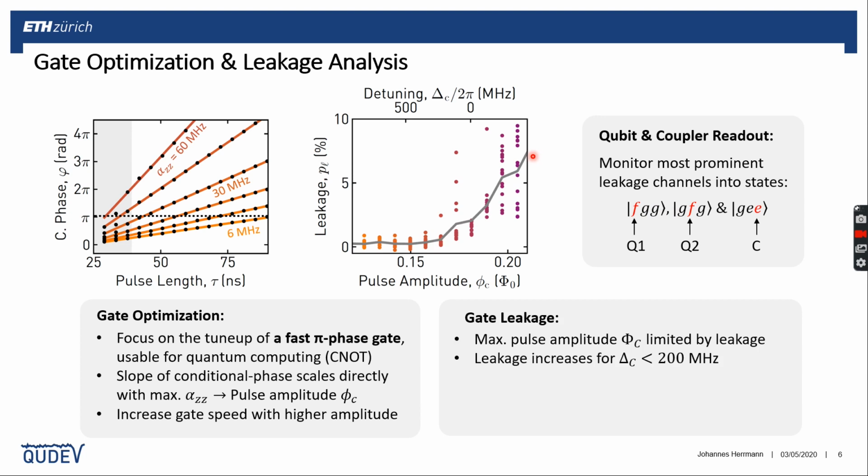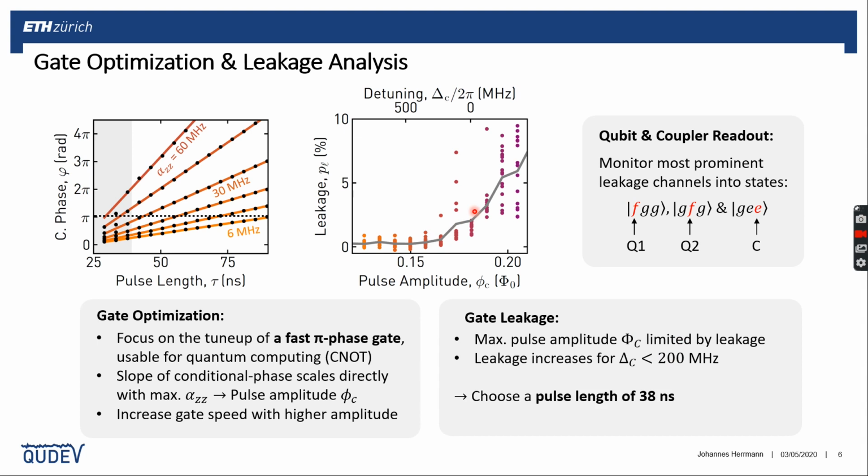And so if you now think about what frequency of the coupler this corresponds to, the scenario where leakage starts to matter is when the coupler comes relatively close to qubit 1, and the tuning is just 200 megahertz here, and then we see that it starts rising. So we see that our gate speed is mainly limited just by the pulse amplitude and by leakage here.